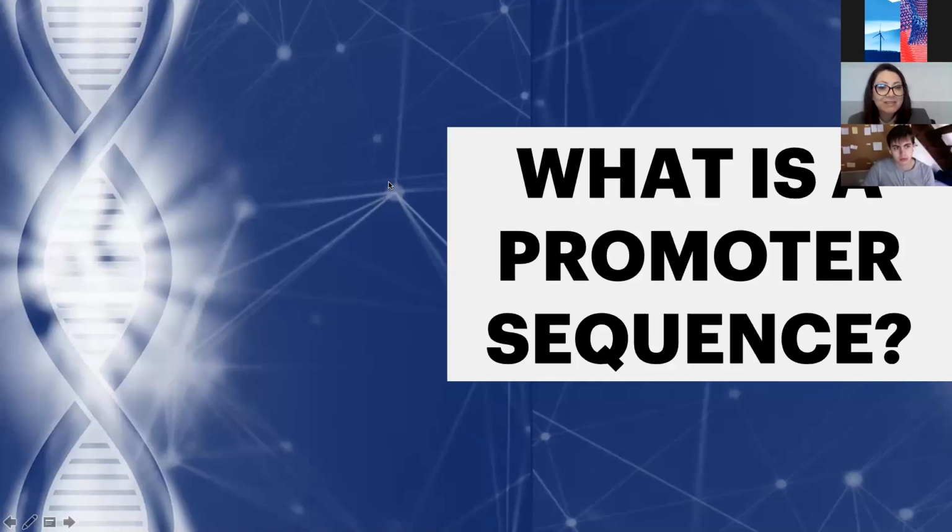So what is the promoter sequence? We're talking about just a small piece of DNA that has huge importance in gene regulation. And it's not a new study. There is a history of promoter prediction.